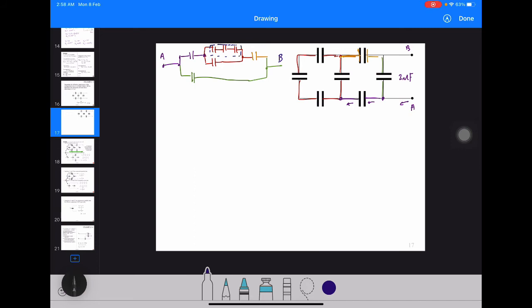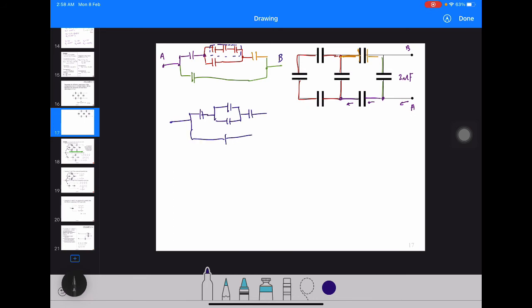I have the ones in series, so I can simplify that. It just becomes like that, and goes back to here and goes out again.